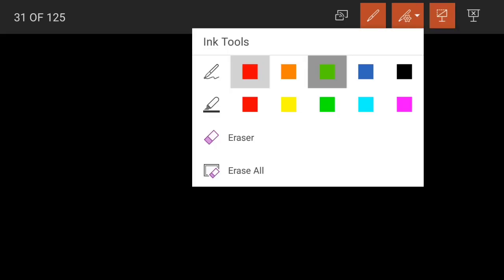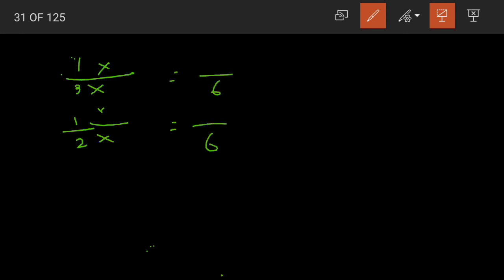What do we have here? 1 by 3, 1 by 2. The LCM is equal to 6. Remember this, the LCM of 2 and 3 is 6. Now here we have 3, but we want 6. How will we get that? 3 into 2, so multiply the numerator with 2 as well. 1 twos are 2, 3 twos are 6.